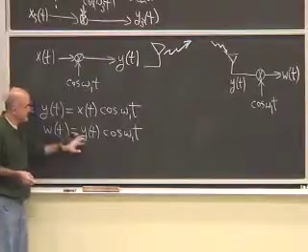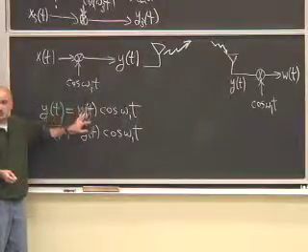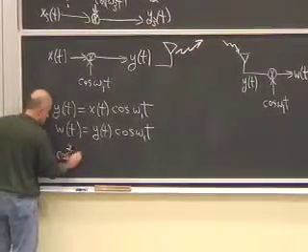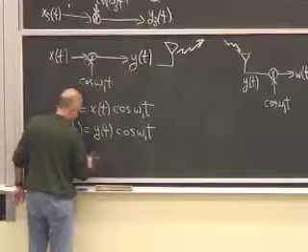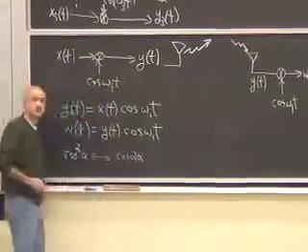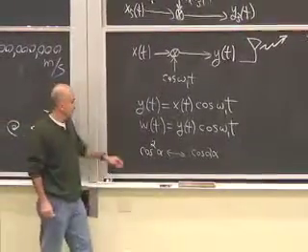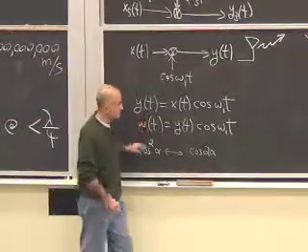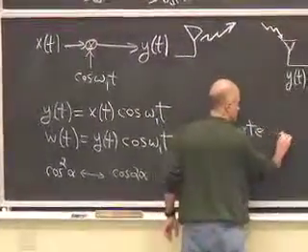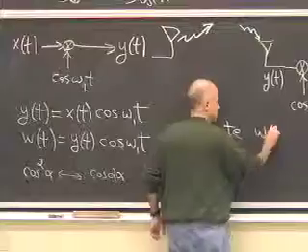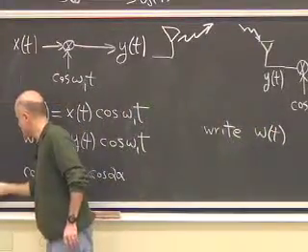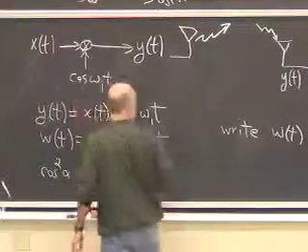So what I want you to do is talk to your neighbors, use basic trigonometric identities involving cosine squared alpha and its relationship to cosine 2 alpha, and write the signal W in terms of the signal X and the cosines.